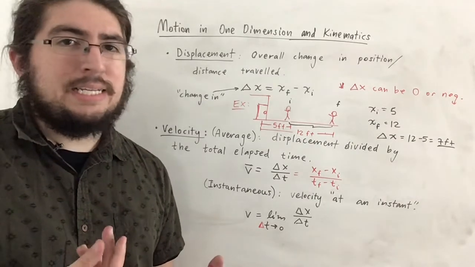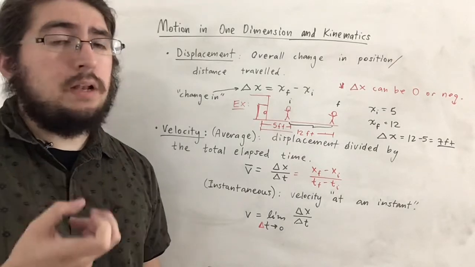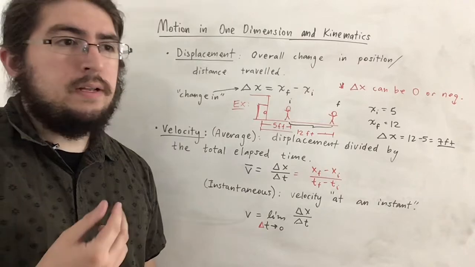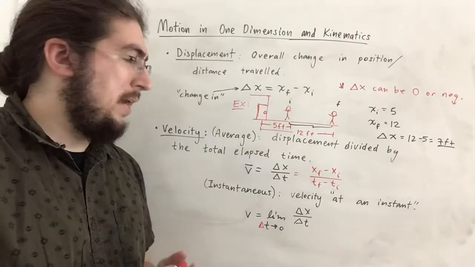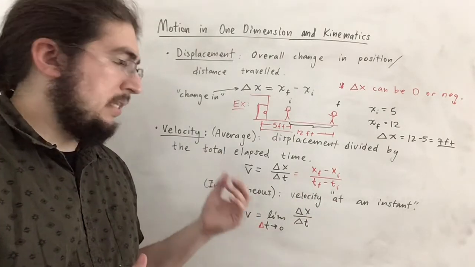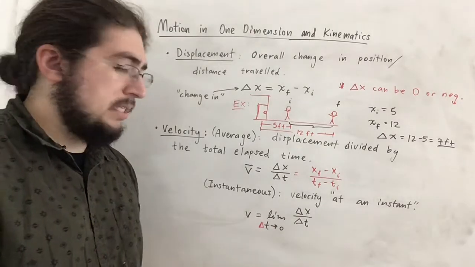Now what is an instant? An instant isn't a second, it's not a millisecond, it's smaller. It's the smallest measurement of time you can think of. So again, the more you think of it, the more it boggles the mind. But at an instant just refers to the smallest interval in time. So that's what we're discussing there.